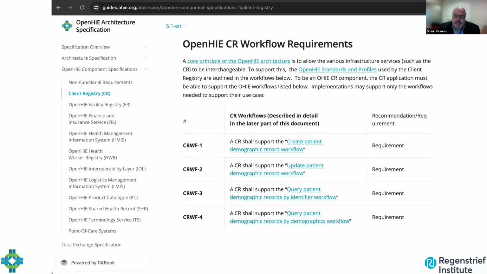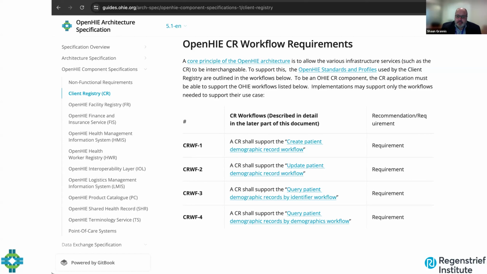So as you can see here, the client registry must support creating a new patient, updating a patient, being able to query the patient by 2 means, either by demographic data like names and dates of birth, or by unique identifiers. And so we have 4 total core key transactions that the client registry must support.